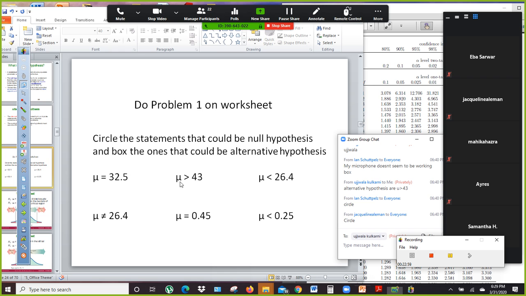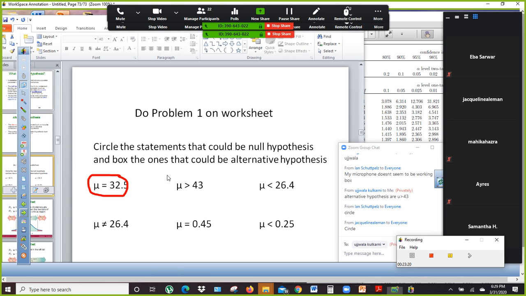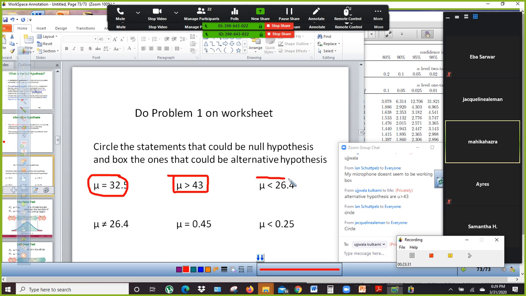This box. Yep, thank you. Mahika, can you give us the next one? Yeah, I boxed it as well. Yep, because it's not an equals, it's something else. Chris, next one.